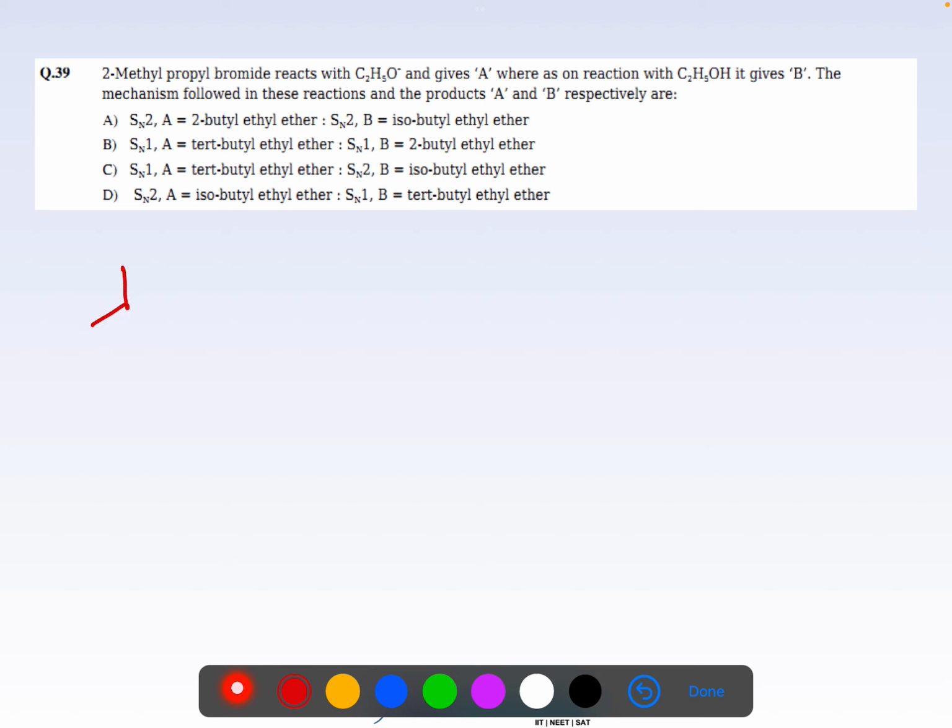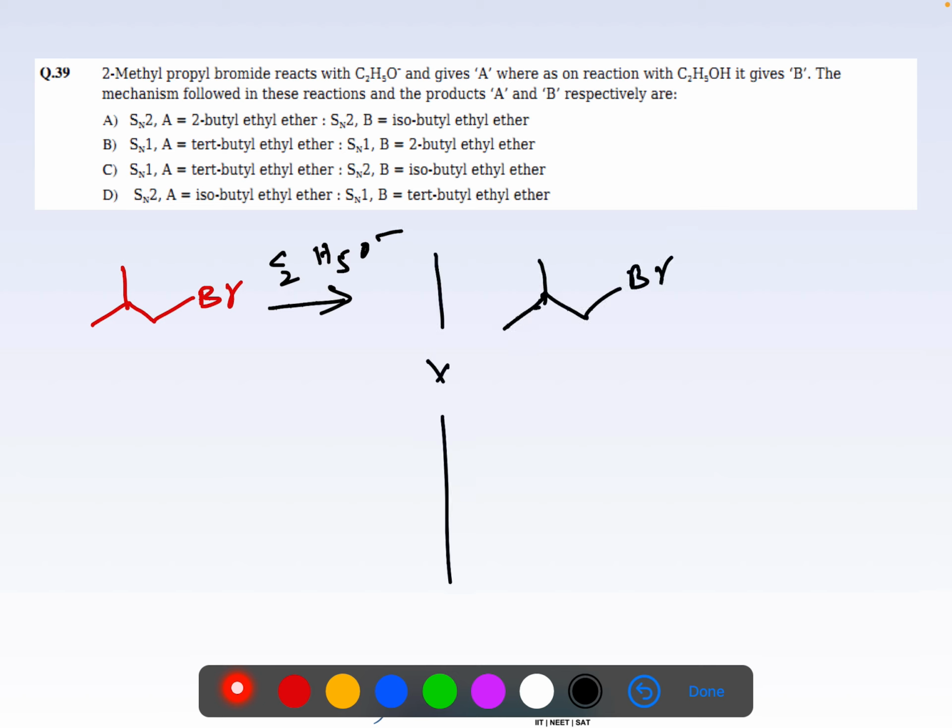Here 2-methylpropyl bromide is treated with C2H5O minus and ethanol separately. The question is about the product and the mechanism. So here C2H5O minus is a strong nucleophile.